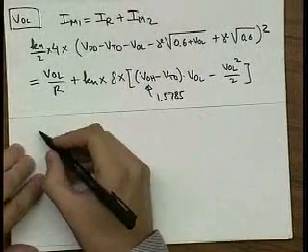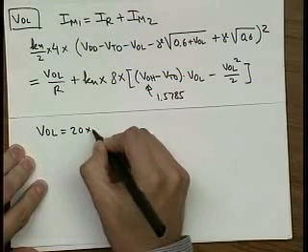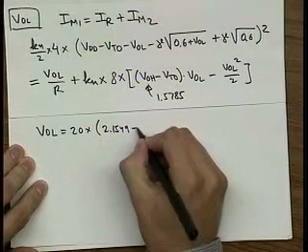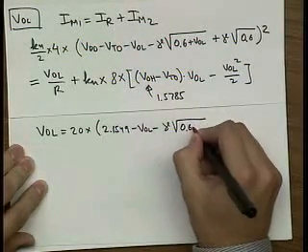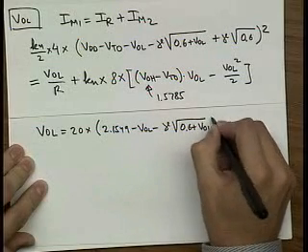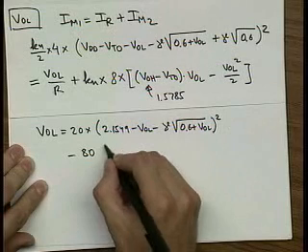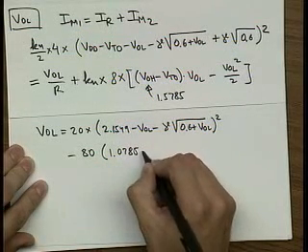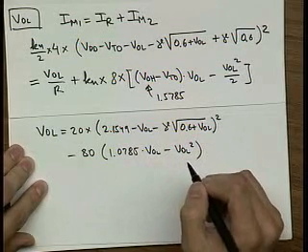So what you get is your VOL is equal to 20 times 2.1549 minus VOL minus gamma times the square root of 0.6 plus VOL, squared, and you have minus 80 times 1.0785 times VOL minus VOL squared.